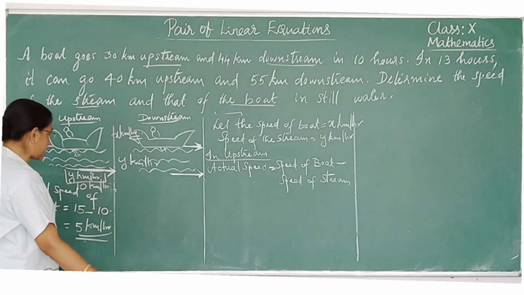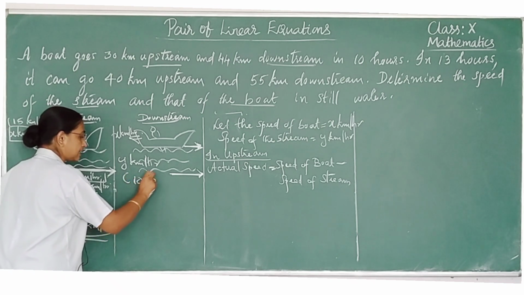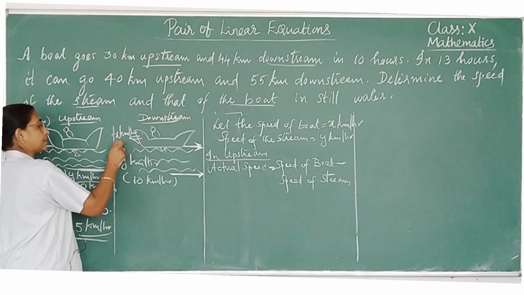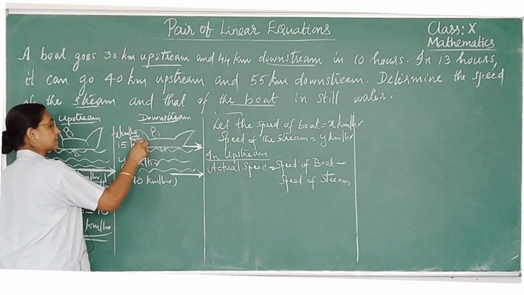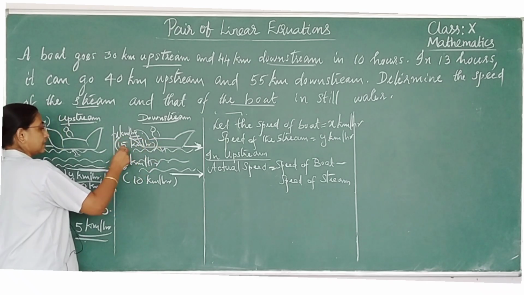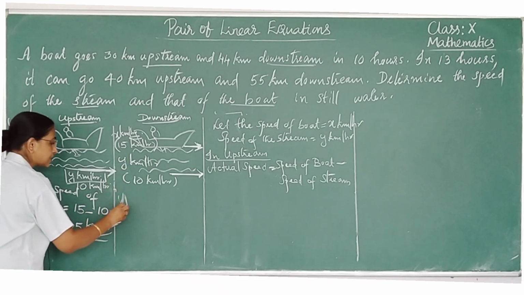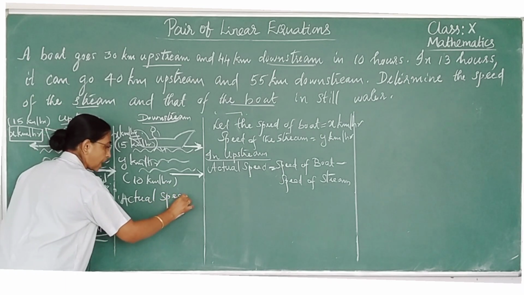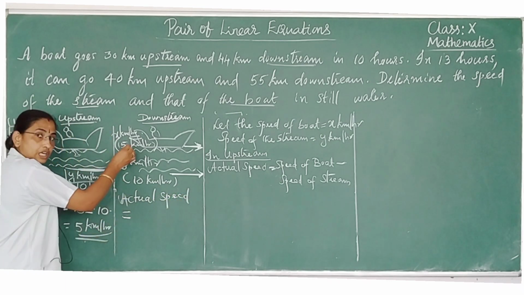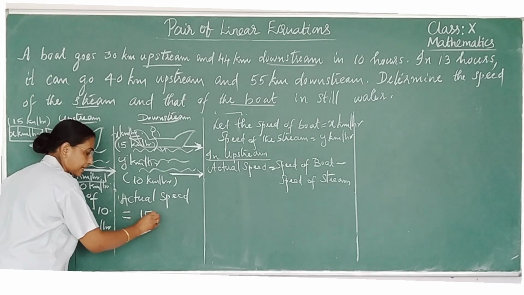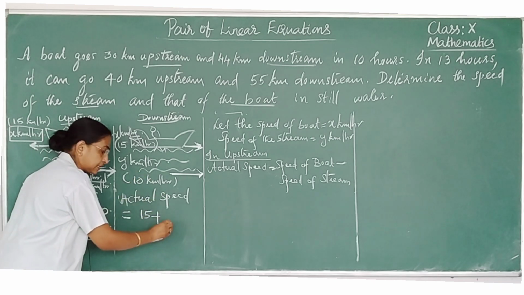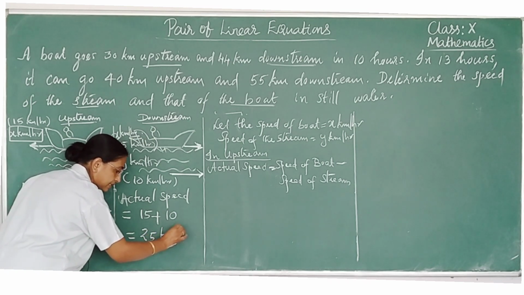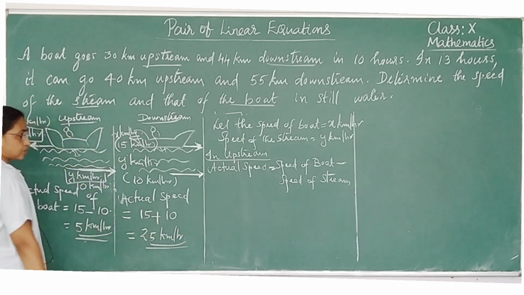As an example, let us consider the speed of the stream at 10 km per hour and the speed of the boat at 15 km per hour. Then the actual speed in the downstream direction will be the speed of the boat 15 km per hour plus the speed of the stream 10 km per hour, which is equal to 25 km per hour.